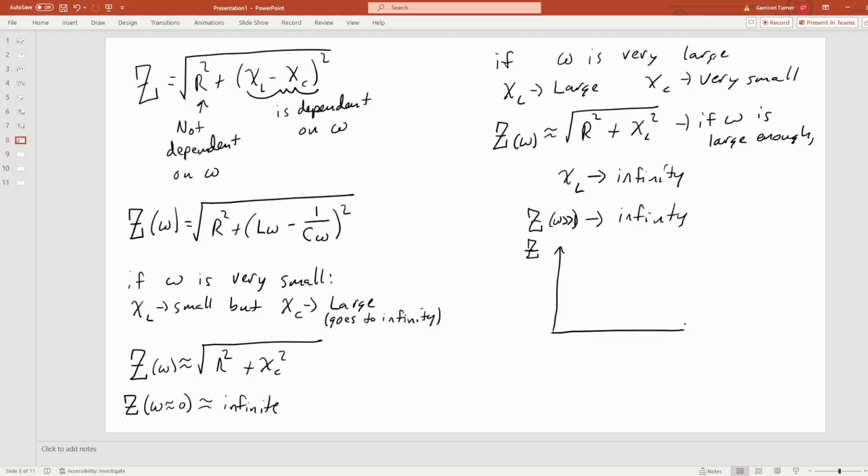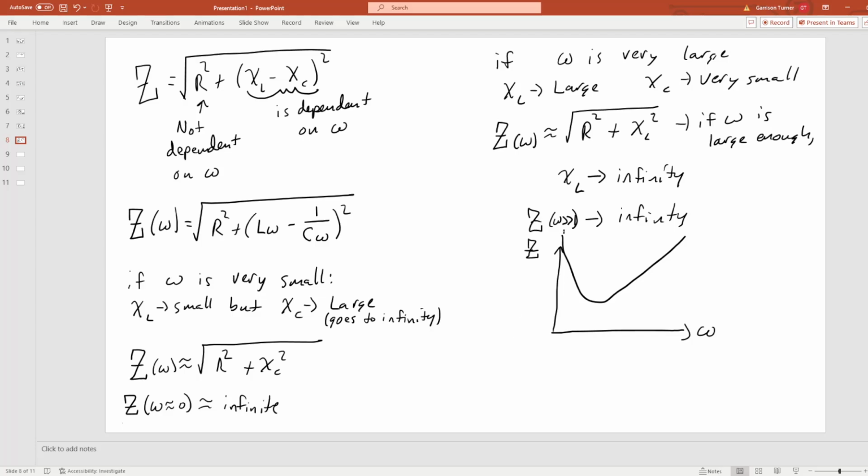But then as you increase omega, it will decrease to some local minimum, and then it will get larger again as omega gets larger. So your impedance will look something like this. Okay?